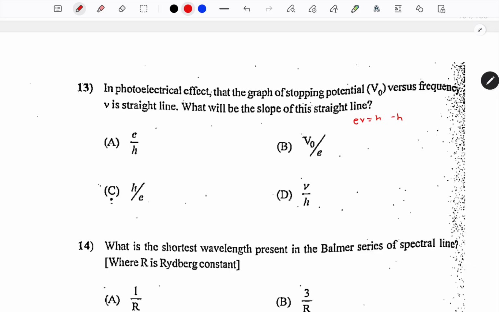Let's say f is equal to ν minus ν0, and therefore V0 is equal to h by e into ν minus h by e into ν0. And if we compare this graph with y is equal to mx plus c, then m is equal to h by e. So h by e, the answer will be C.